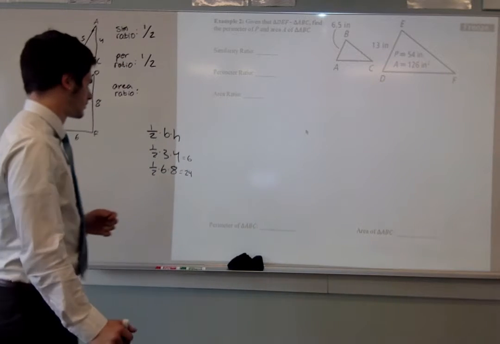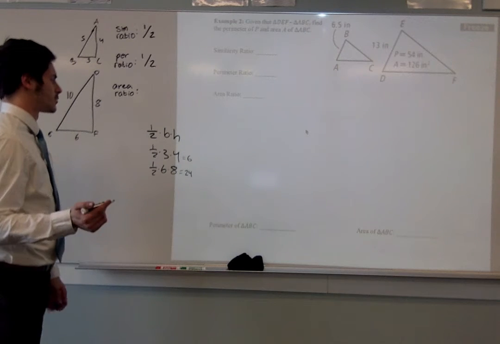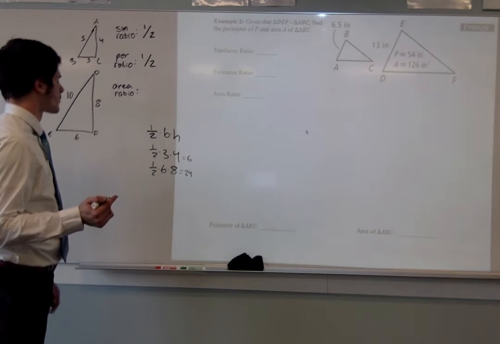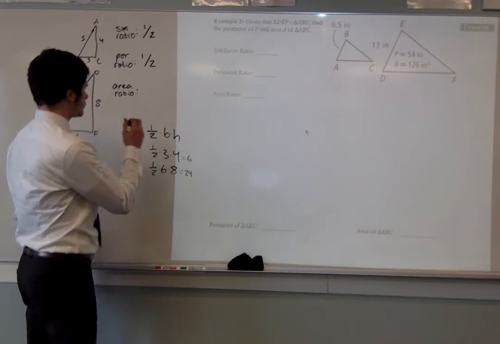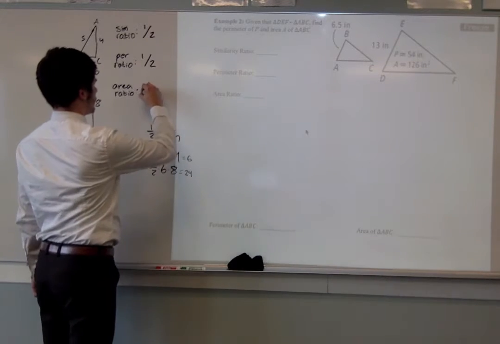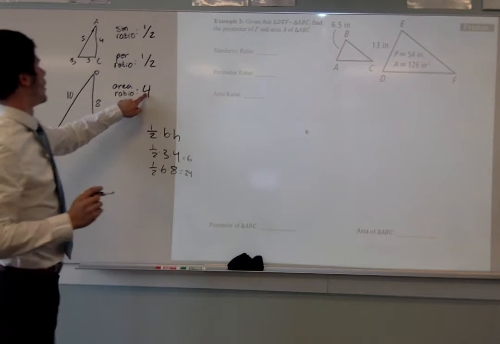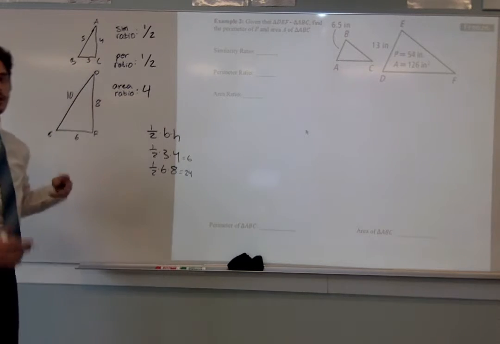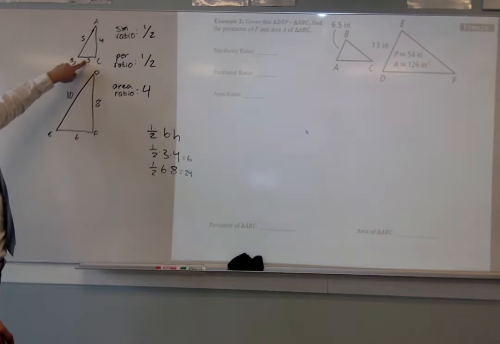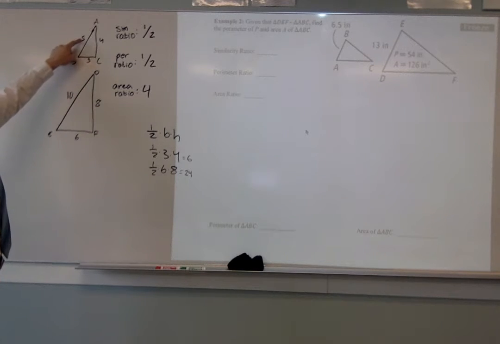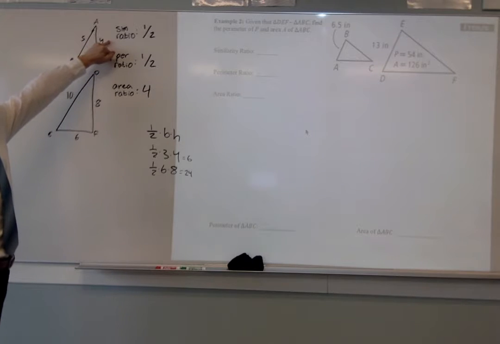So the way that we can figure this one out is, we'll note that 6 is twice as big as 3, 8 is twice as big as 4, 10 is twice as big as 5, so that's where we come up with that.